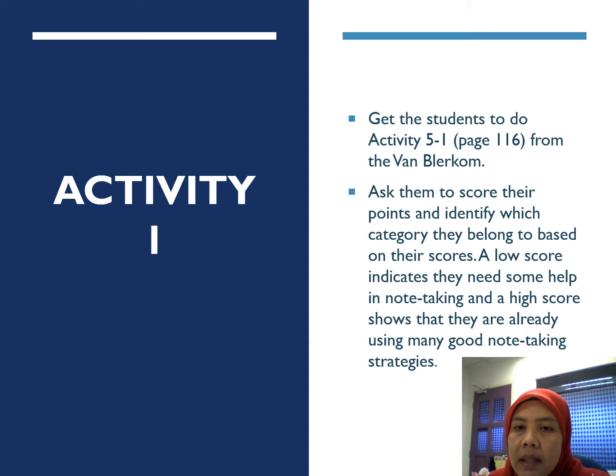This activity I have attached in another file, and I will attach it together with this slide so you can refer to it. They also ask you to score your points and identify which category you belong to based on your scores. So you need to answer this activity first, and then you can categorize yourself.